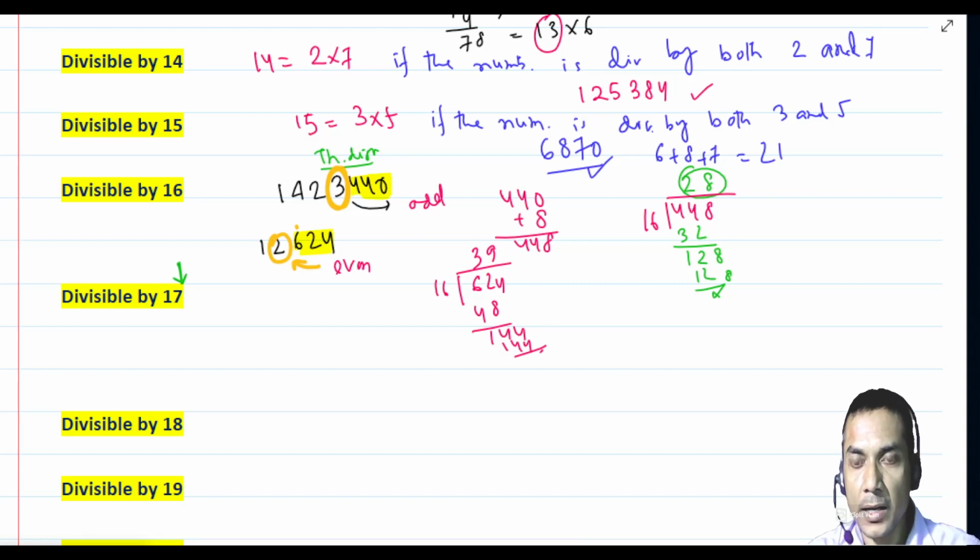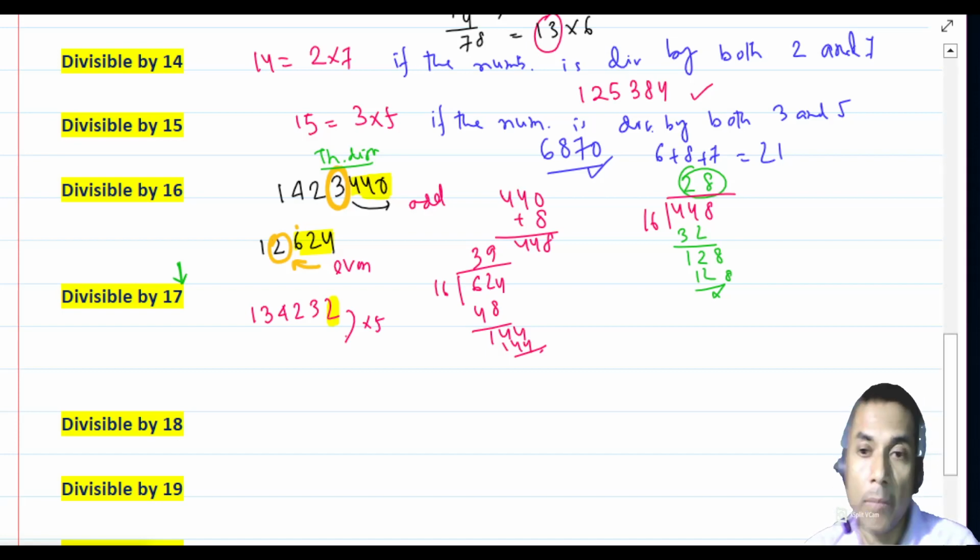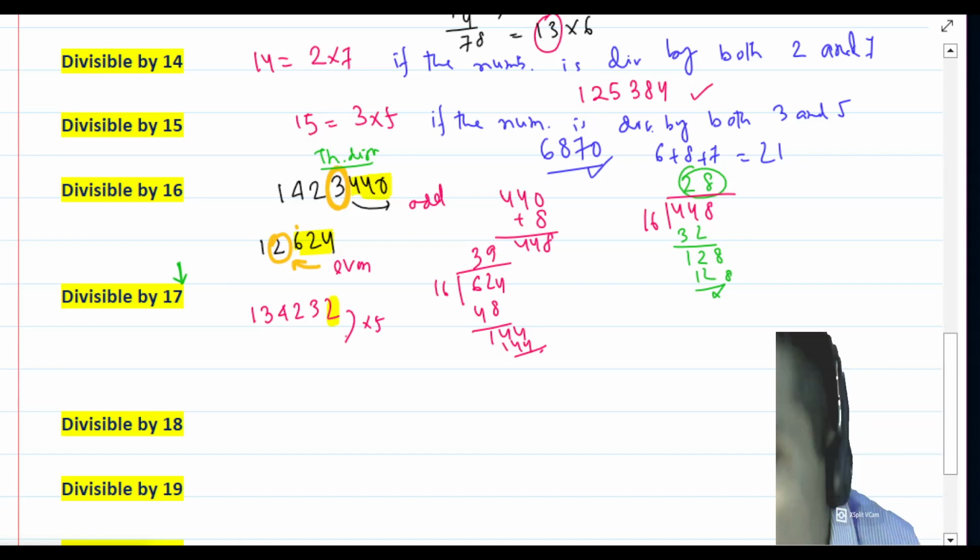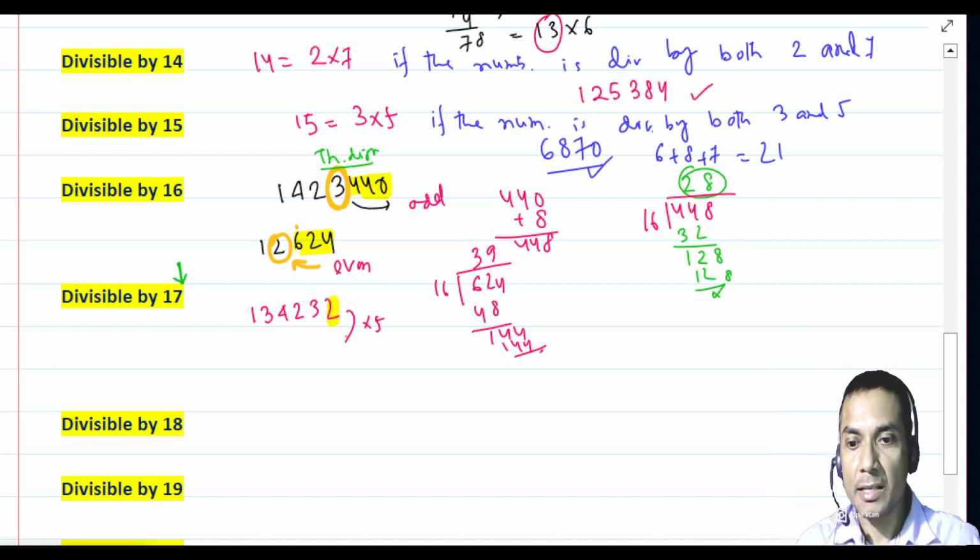Let me give you one example, but remember it is linked with the 7. 134232. You consider the last digit and multiply with 5. For 7 we multiply with 2, but here we are multiplying with 5. Then you deduct it from the rest of the number.